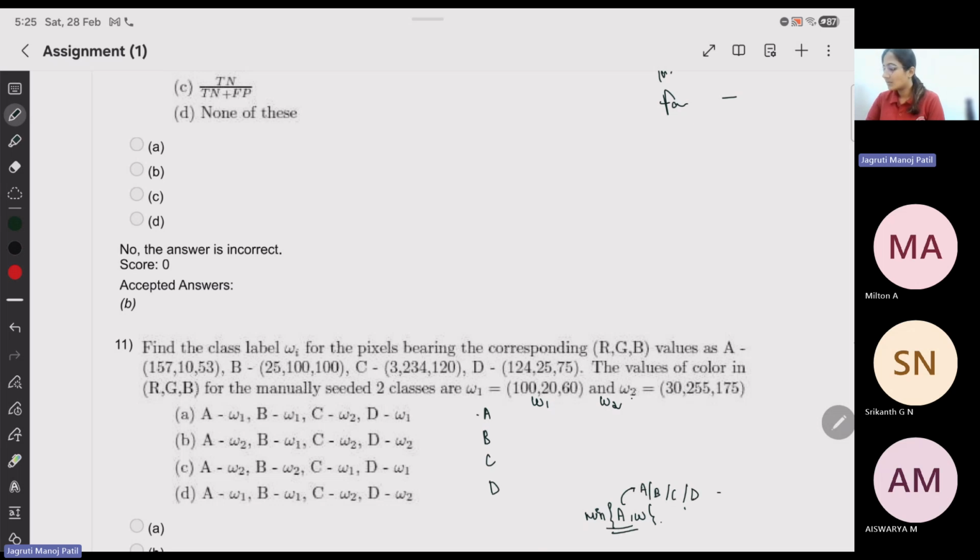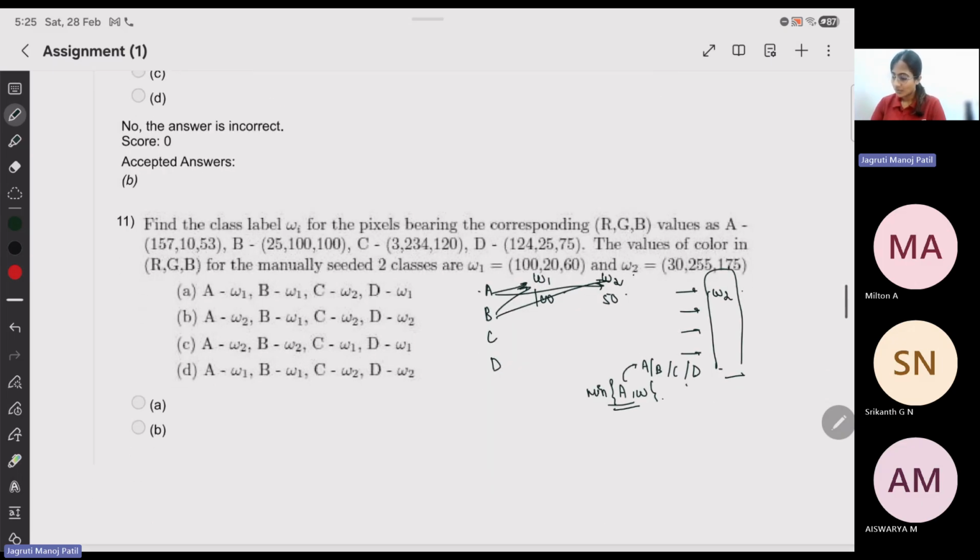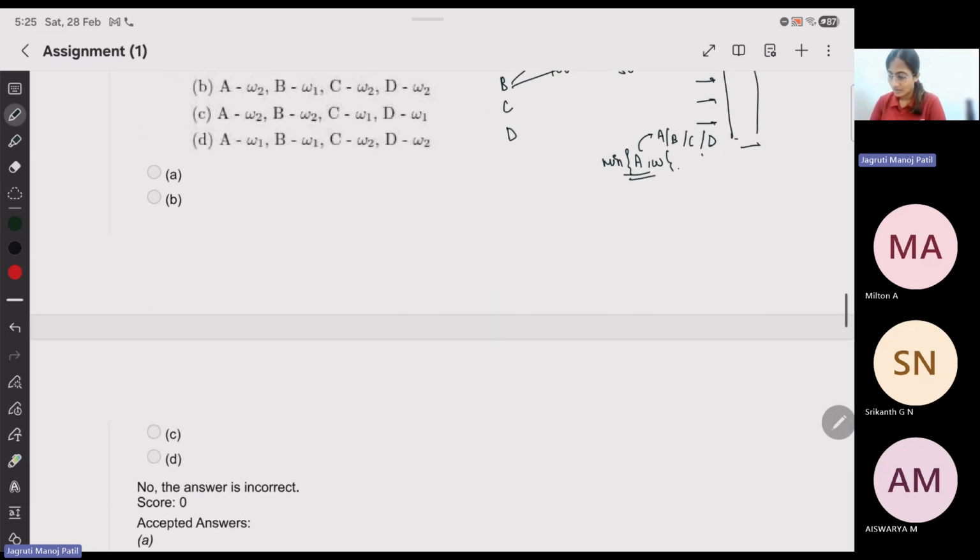So wherever it is minimum, that particular class would be assigned. Let's just assume that for this, if I get 100 and for this I get 50, then this class would be W2. That's just an example, but that's how you need to calculate. You compute the distance from this and this and this and this, see where the distance is minimum and assign it as the class here. Okay, so for this question, the answer would be A.